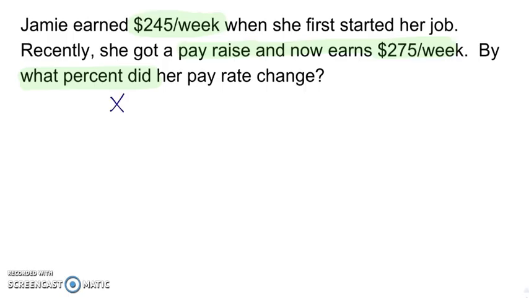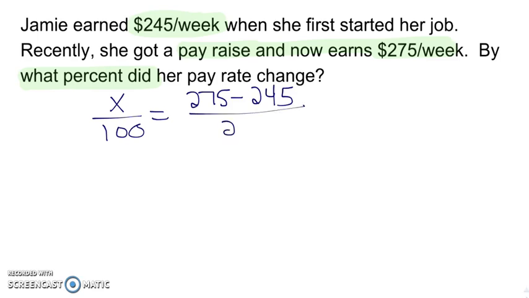What percent? X over 100 equals, we need the amount of change, where we're going to take our new amount, 275, minus her original amount, 245, over the original, 245. We can simplify by subtracting and finding the amount of change. 275 minus 245 gives us 30 over 245.